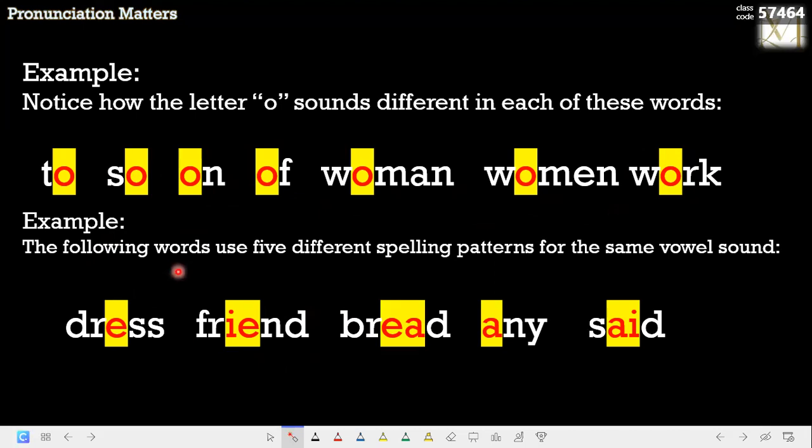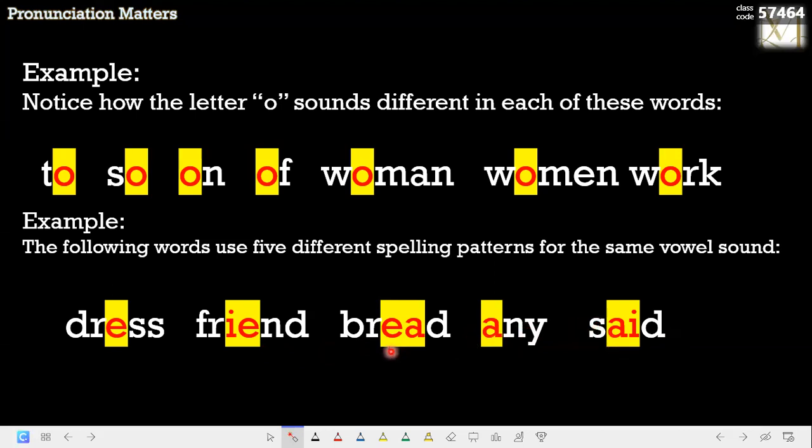Let's have another example to show how important it is to teach and learn the pronunciation of words in English. Here we have different spellings for the same sound. Here we have the sound A, the word dress, A sound. Friend, the same sound, but it is spelled in a different way. Bread, any, said.